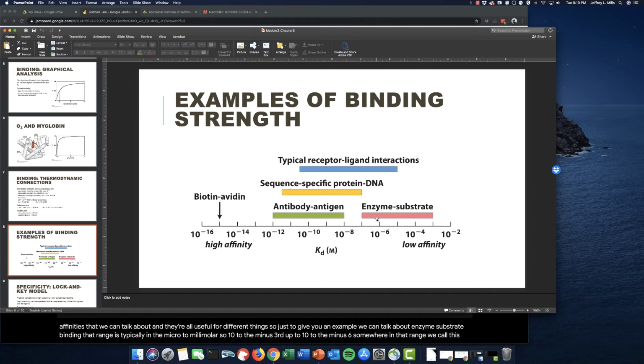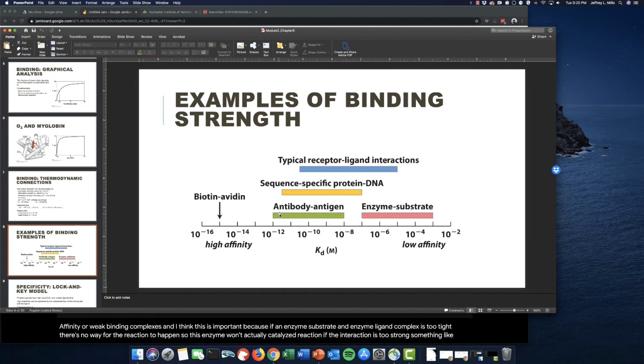We call these low affinity or weak binding complexes. And I think this is important because if an enzyme substrate or an enzyme ligand complex is too tight, there's no way for the reaction to happen, so this enzyme won't actually catalyze a reaction if the interaction is too strong.